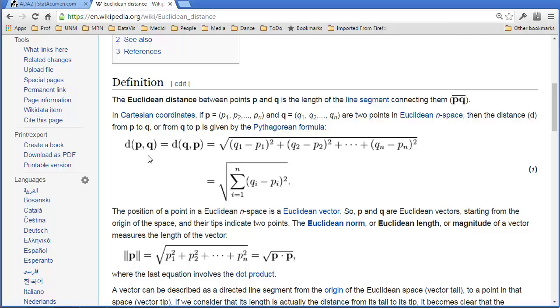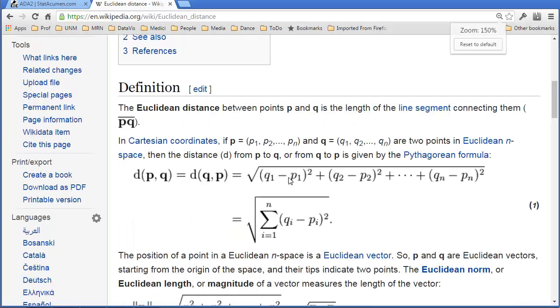So if you have 2 points P and Q over n different dimensions, you take the difference between those two measurements for any dimension and square it. Take the distance between the points for the next dimension, square it, and so on. Add all those up and then take the square root. If you think of just doing the first 2, that's basically what you get when you're doing the Pythagorean theorem.